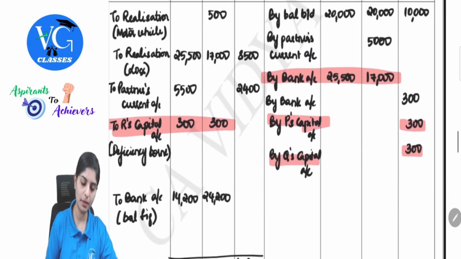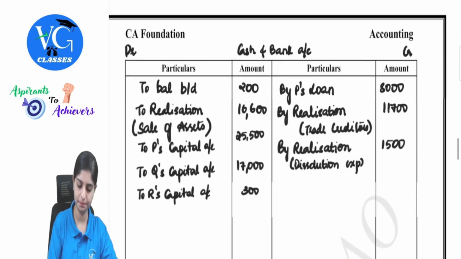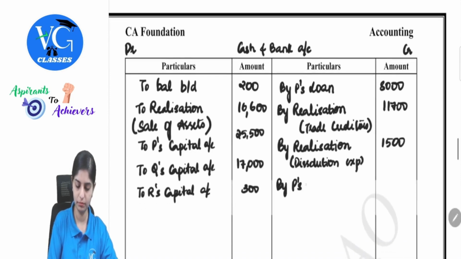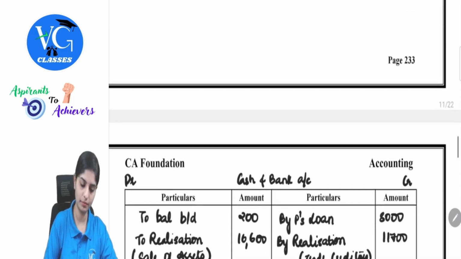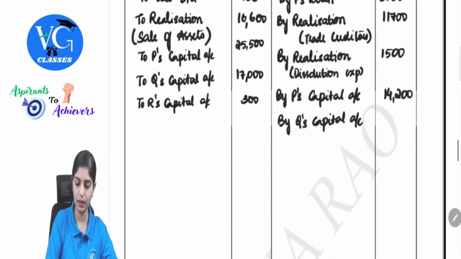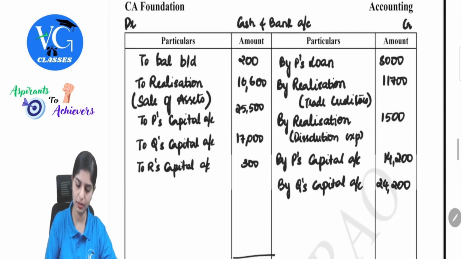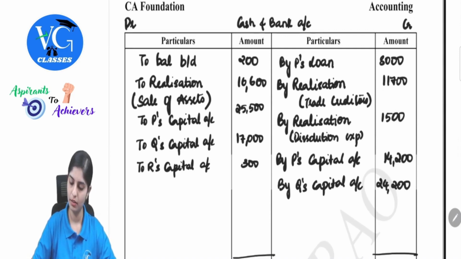So by P's capital, by Q's capital, 14,200, by Q's capital, 24,200. Entered all the values. Let's total: 11,700, 8,000, 59,600.